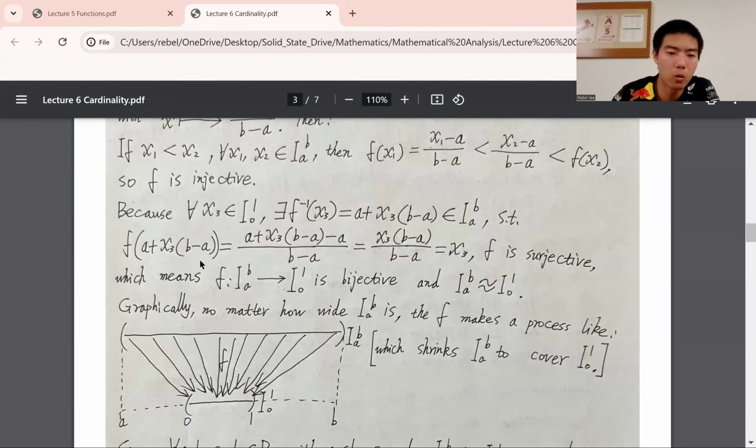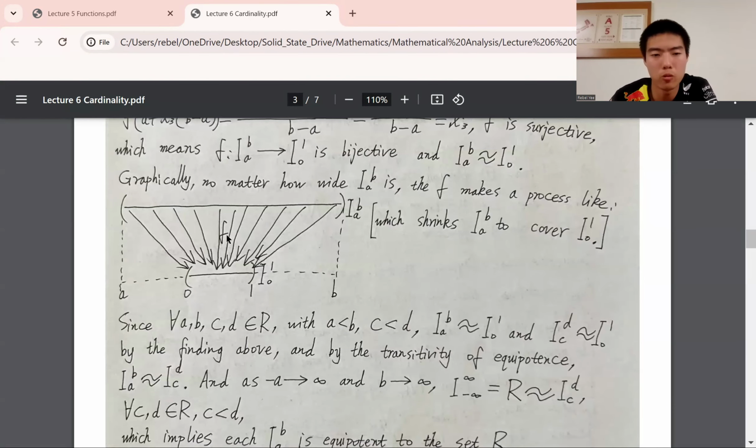So graphically we can draw something like that. a and b may be very large, but they can always shrink each element closer and closer to a very short open interval going from 0 to 1.